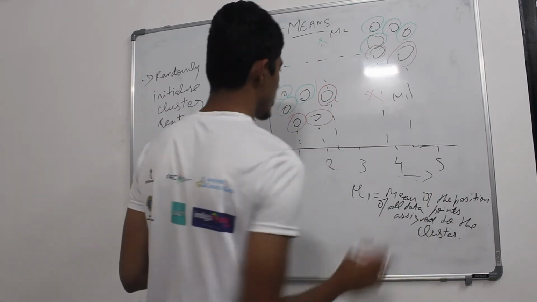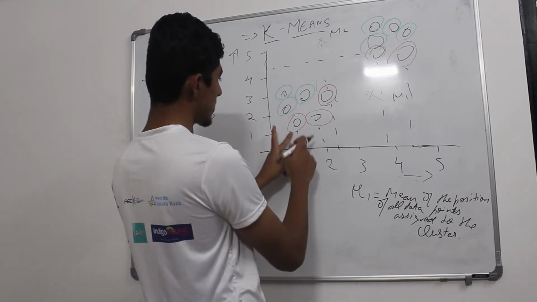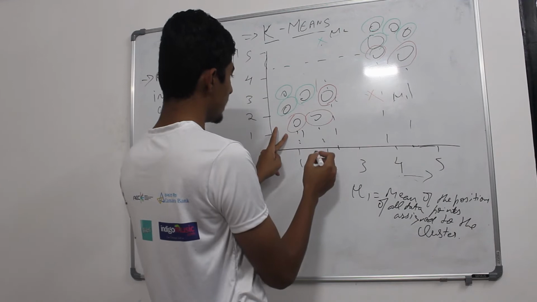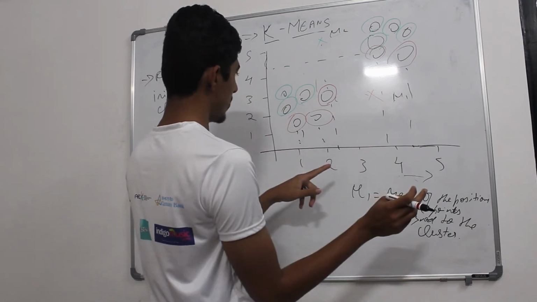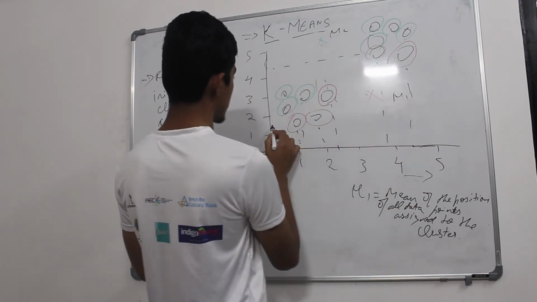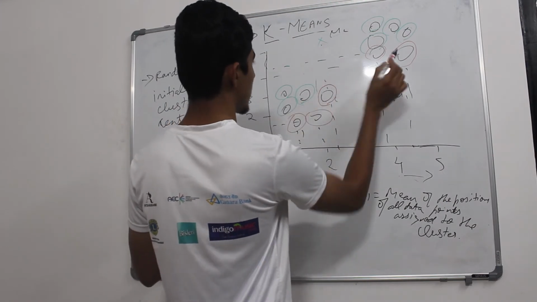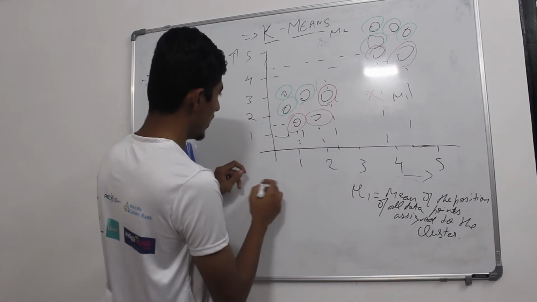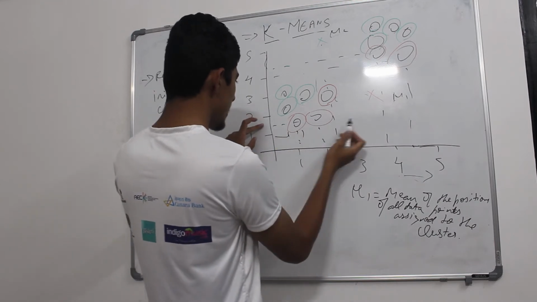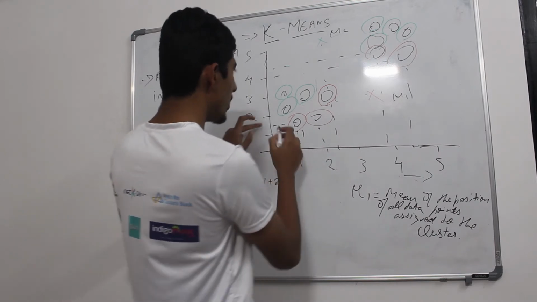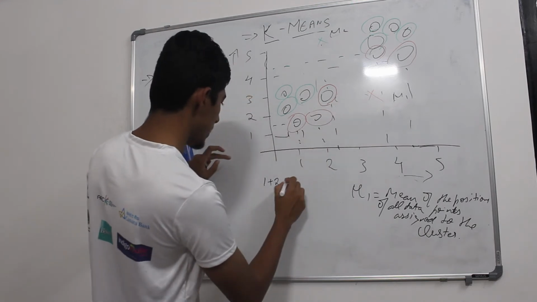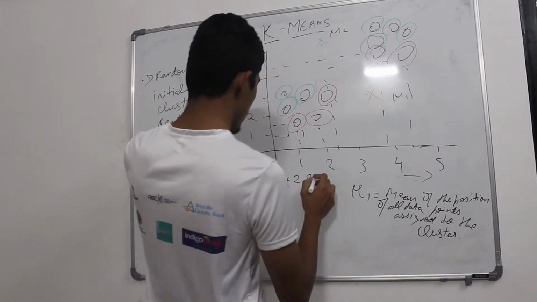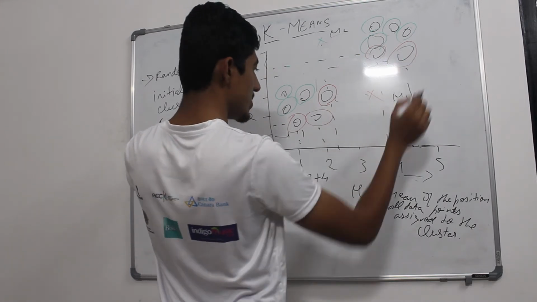For the mean of the positions, let me say the x-axis distance of this one is 1, with this it's 2, with this it's maybe 2.5, with this it is 4, and with this it's 4.5.